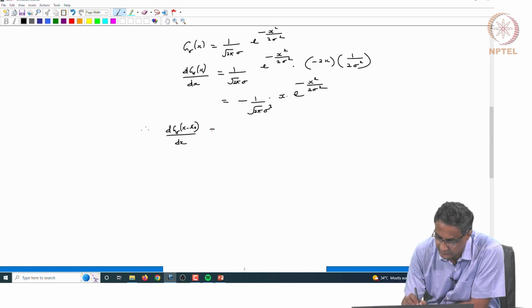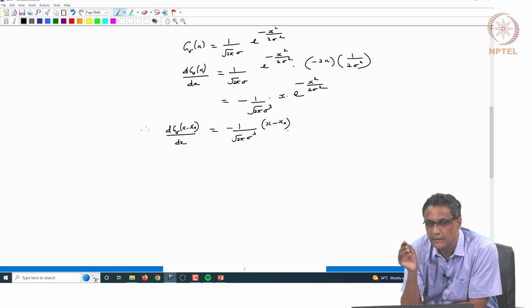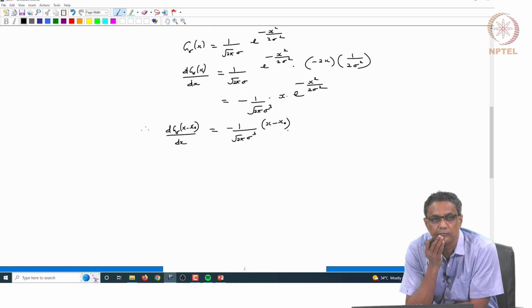So then this becomes minus 1 by root 2 pi sigma cube. In the limit of the Gaussian, sigma tending to 0, this becomes what?